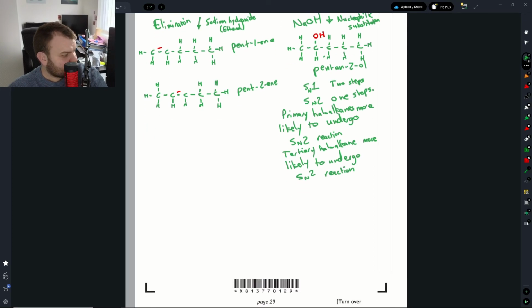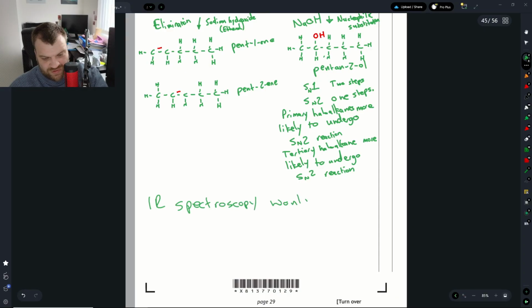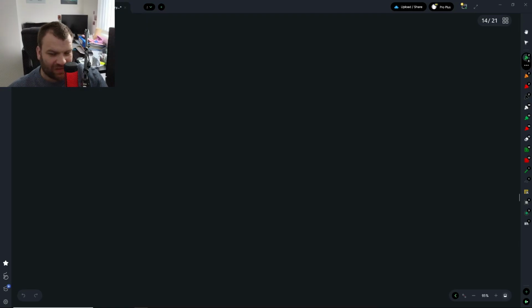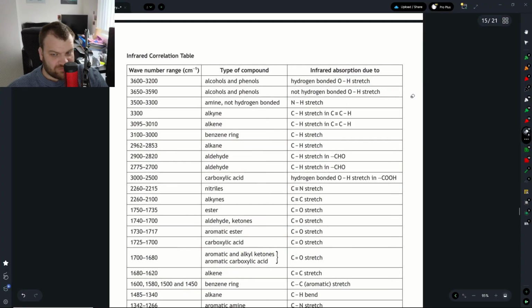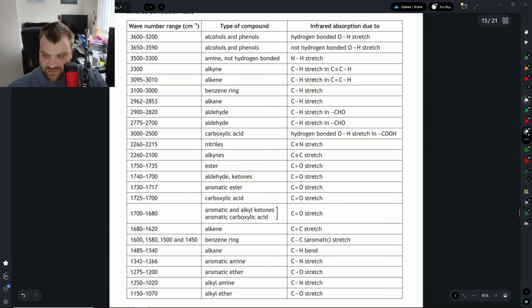A few options for this. Infrared spectroscopy would give an idea of which bonds we've got in our substance. We're dealing with alkenes and alcohols. That means if we look in our infrared table, we can look for the values that we'd expect to get if we have alcohols here.